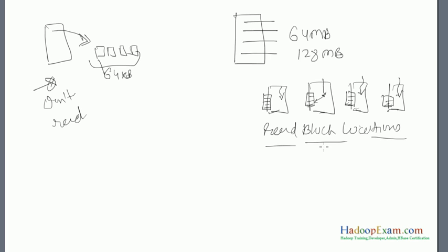Now let's go into detail on how file reading happens in the HDFS file system. Let me draw the diagram here. This is the end user who wants to read the file, but you cannot directly read the file from HDFS.